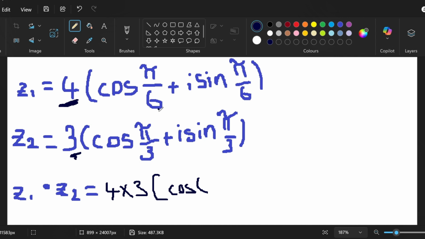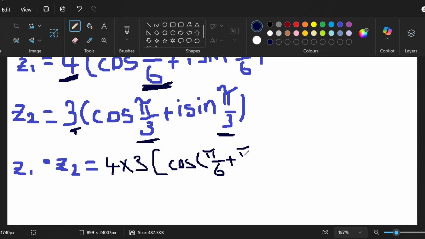Theta 1, and we can just see this easily because they're in polar form, is pi over 6, plus theta 2, again we can just see this here, is pi over 3, and then plus i sine of pi over 6 plus pi over 3.